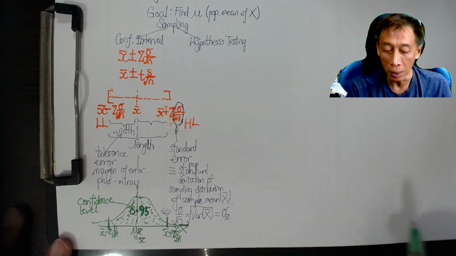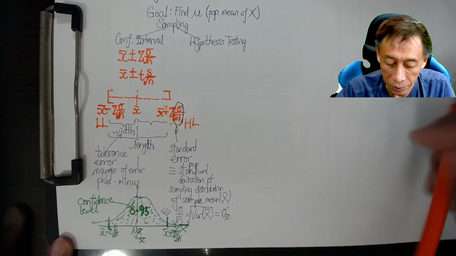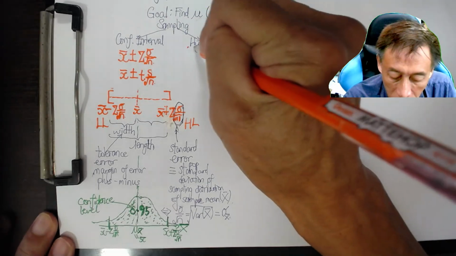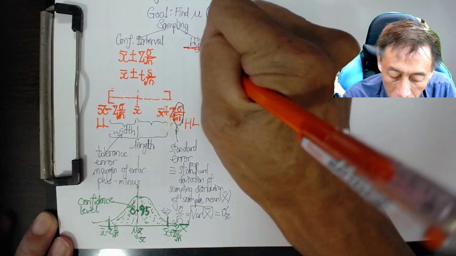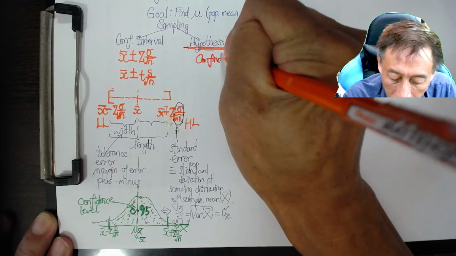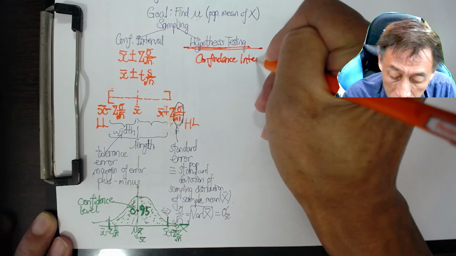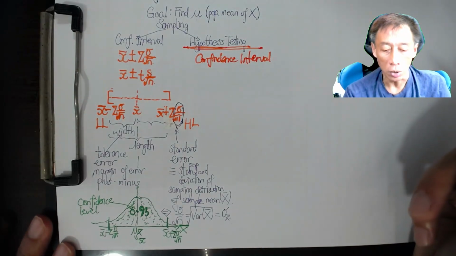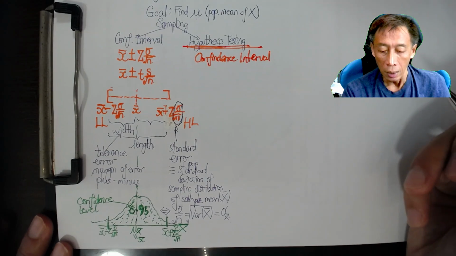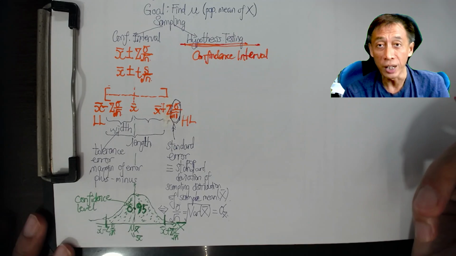So remember, a confidence interval is not a range. It is made up of 3 numbers.